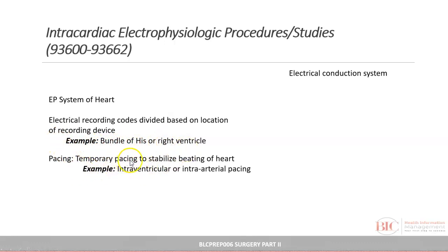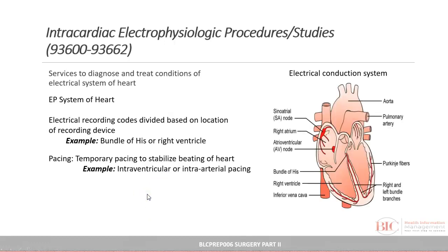And the pacing, temporary pacing to stabilize the beating of the heart. Example here is intraventricular or intra-arterial pacing. In this section are basically services to diagnose and treat conditions of the electrical system of the heart. And then you have kind of a diaphragm here as well.